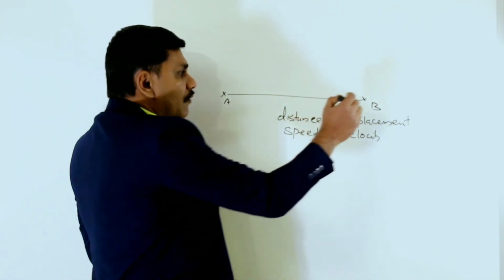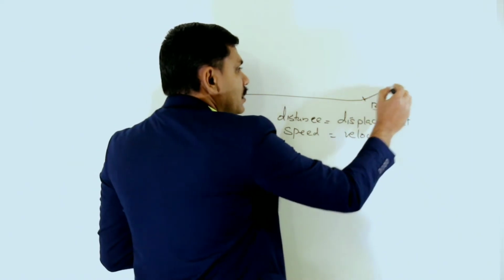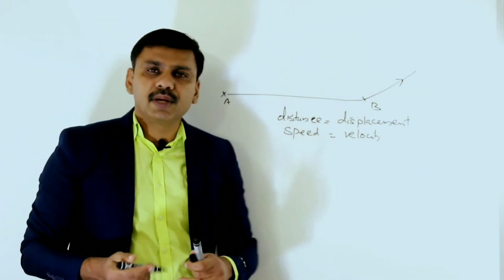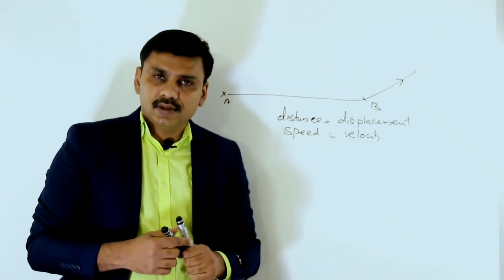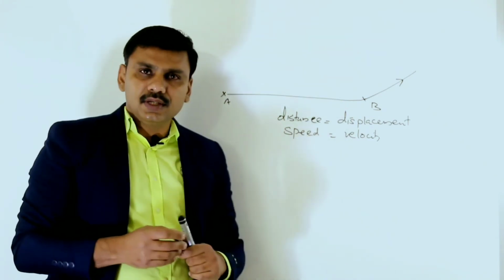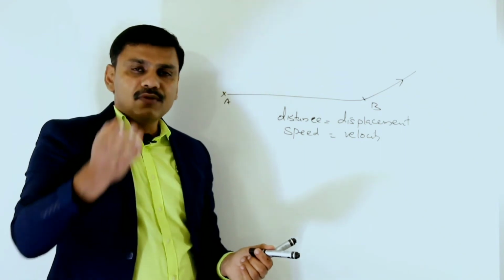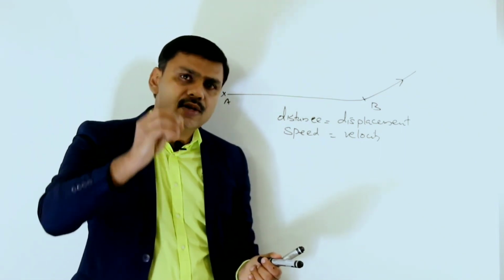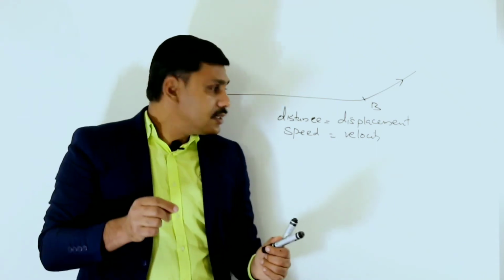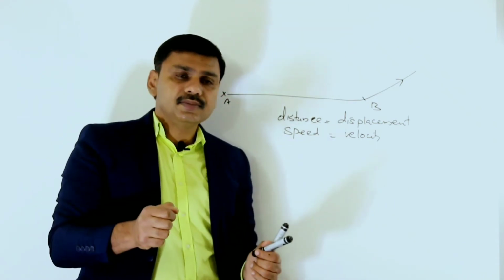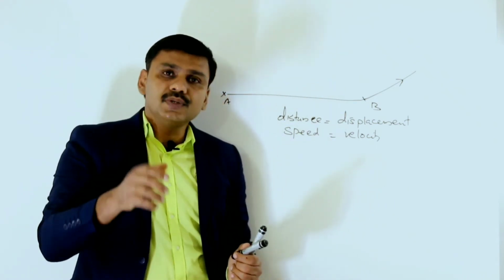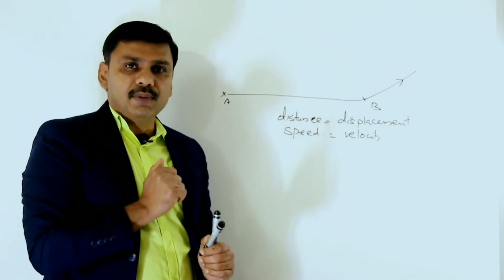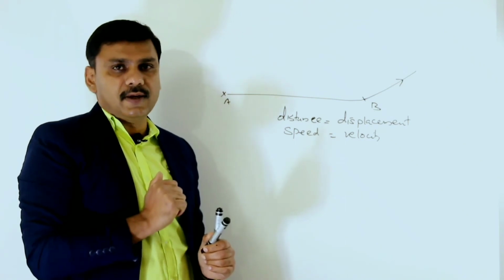So if after B the object is changing direction, then when you calculate distance and displacement, they are different. When you calculate speed and velocity, they are also different. So if there is no change in direction, and the object is traveling along a straight path, distance and displacement are the same, and speed and velocities also will be the same. So this thing you have to keep in mind and remember.